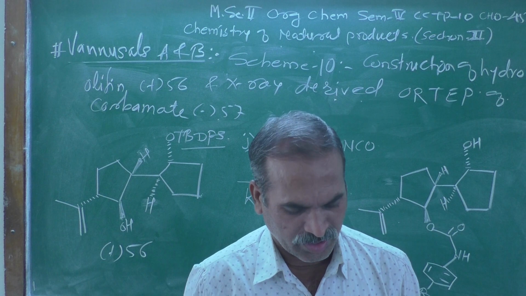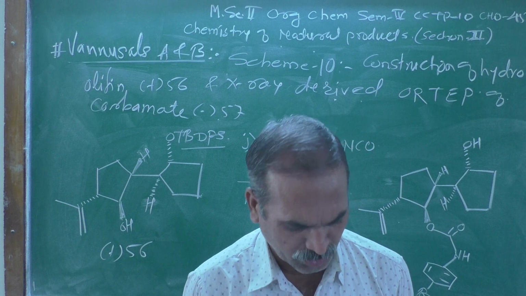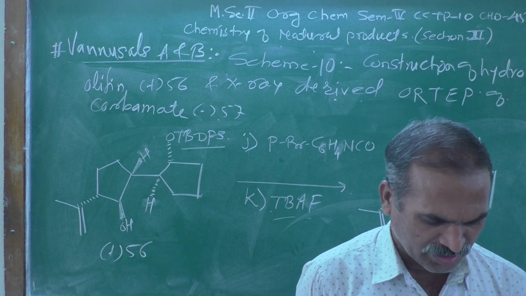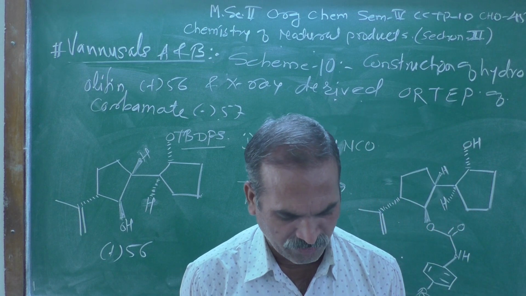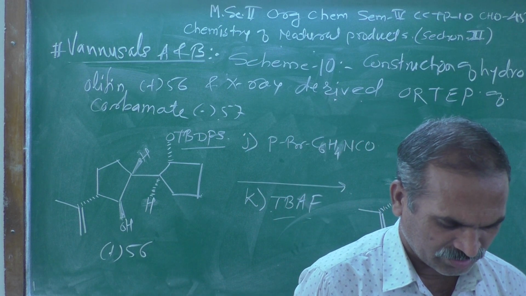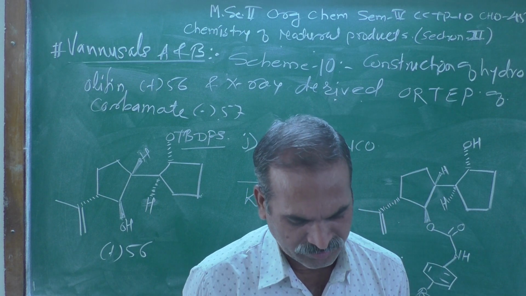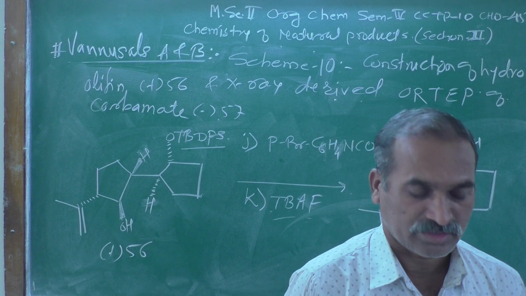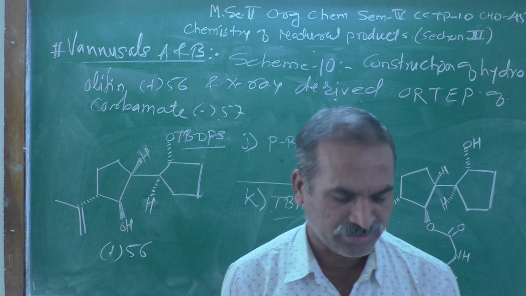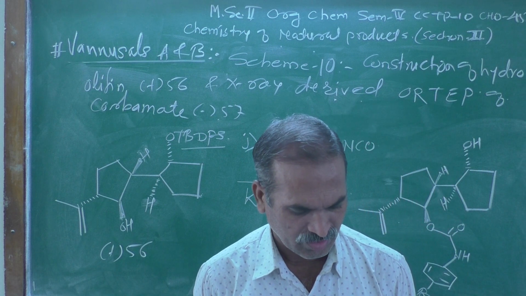Intermediate plus 52 was then dehydrated to produce the disubstituted olefin minus 54 through two different pathways. The first and most direct involved reaction with Martin's sulfurane in the presence of triethylamine, 91% yield.